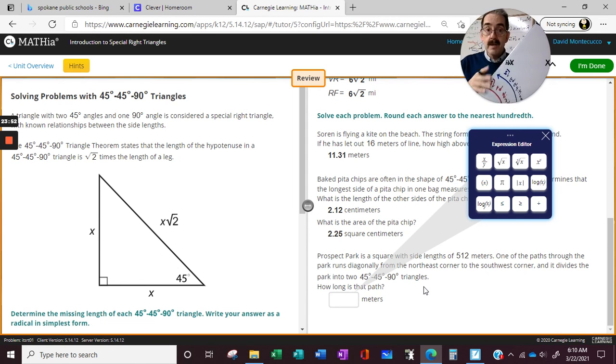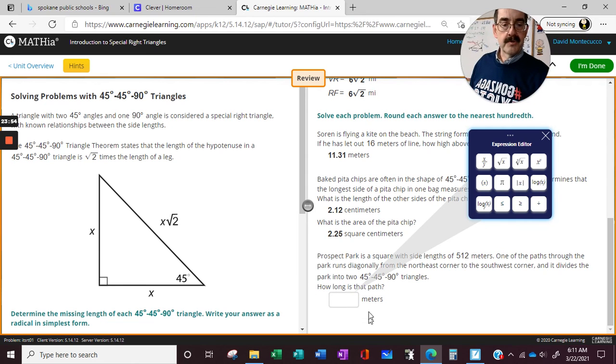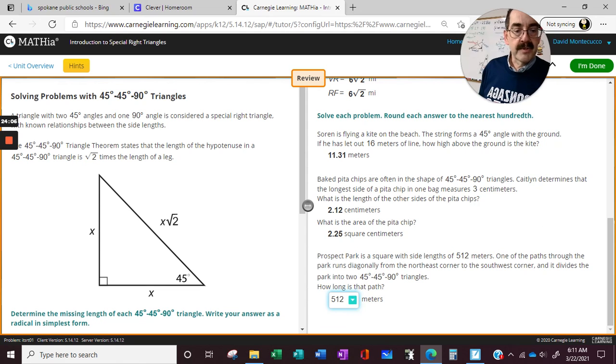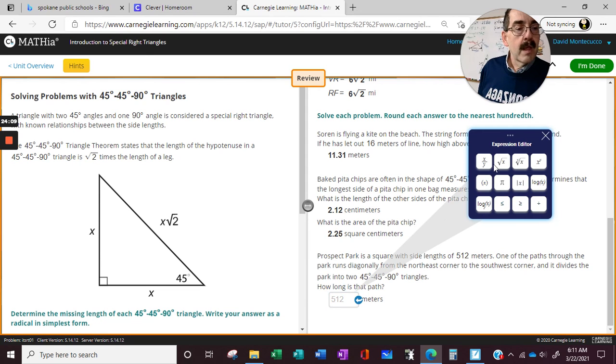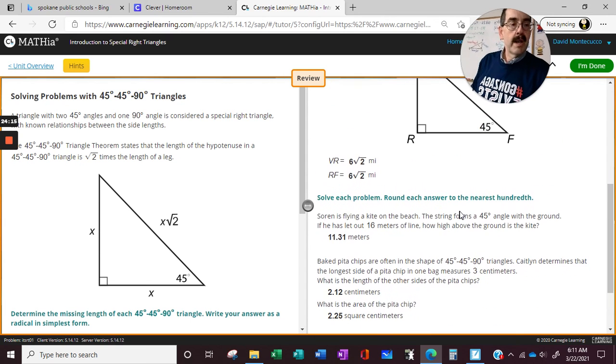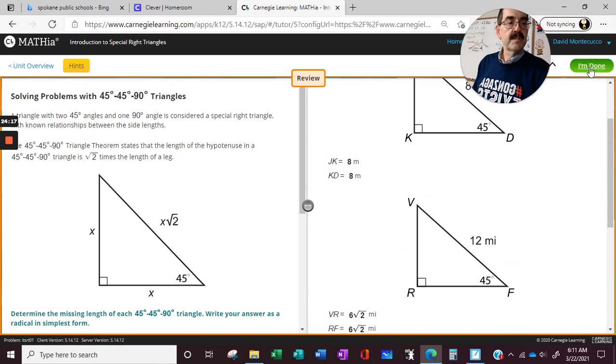What's this called? The hypotenuse. Come on now. Multiply by radical 2. Done. All right. So that's all that first one was.